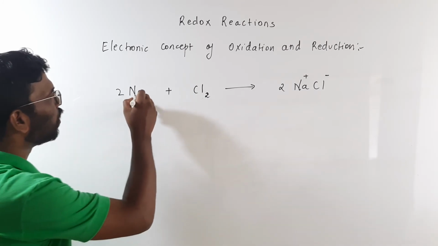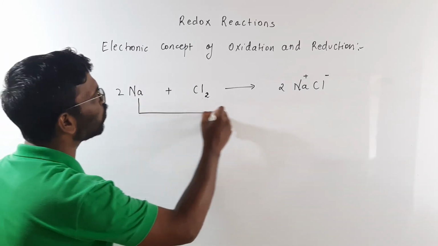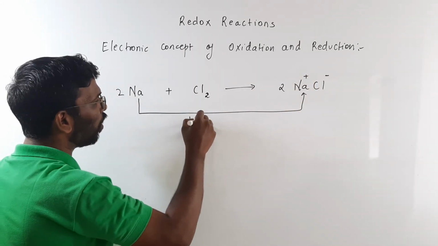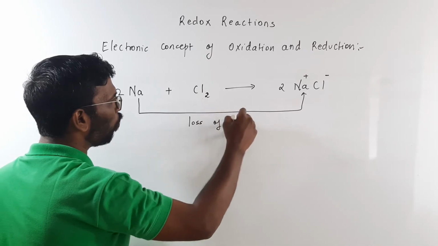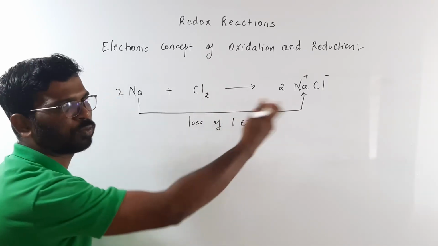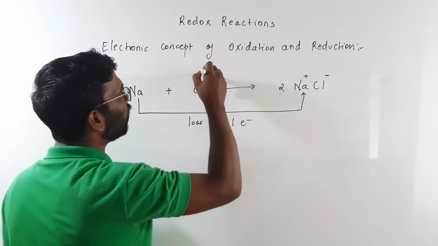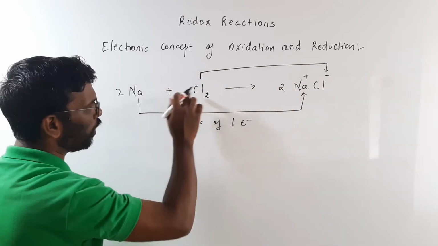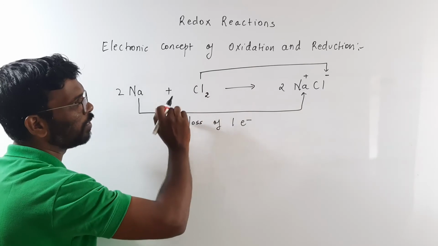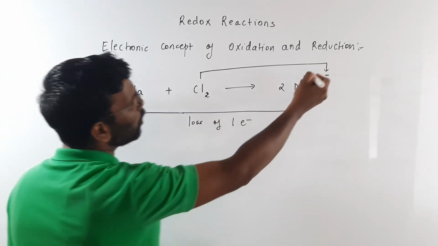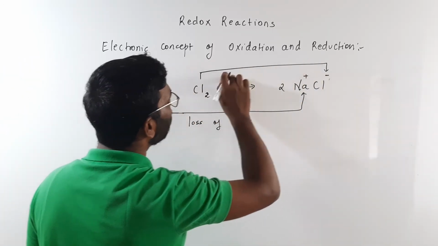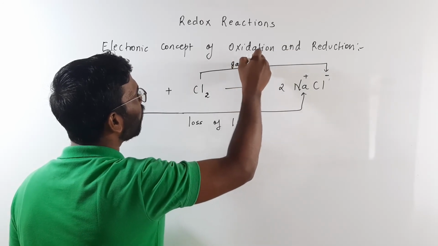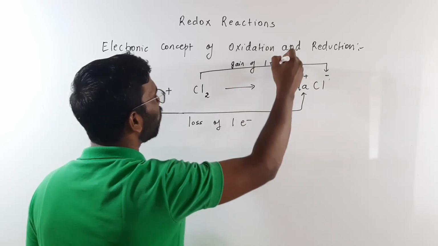With respect to one sodium, sodium goes to +1, so there is a loss of 1 electron. Here e minus means electron. And Cl2 is in 0, so 1 Cl is in 0 oxidation state and it is changing to -1. That's why I am writing there is a gain of 1 electron.